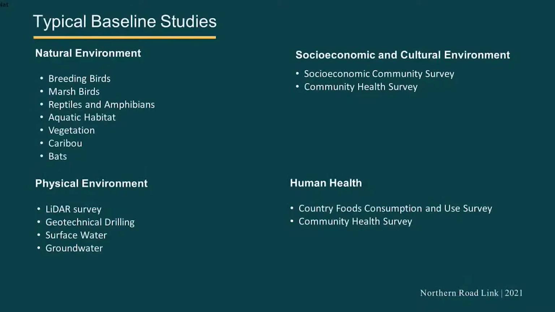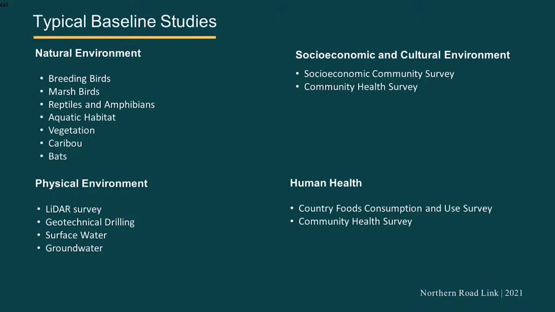If we can move to the next slide, typical baseline studies include main buckets like the natural environment, physical environment, socioeconomic and cultural environment, and human environment. Breaking it down within the natural environment, we would be studying breeding birds, marsh birds, reptiles and amphibians, aquatic habitat, vegetation, caribou, and bats. Within the physical environment, we would be conducting LiDAR surveys to understand the terrain.